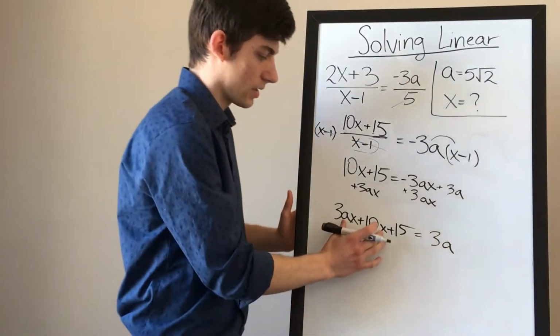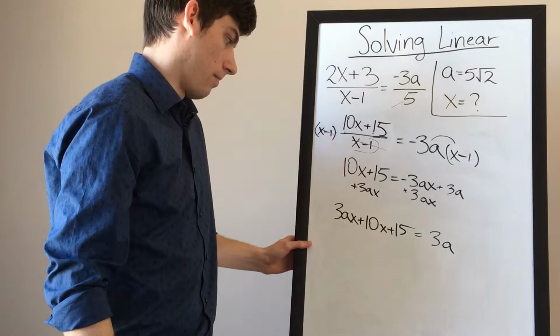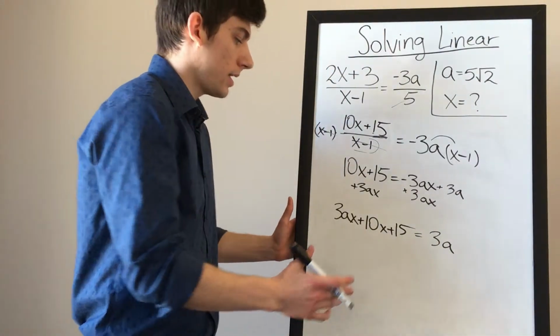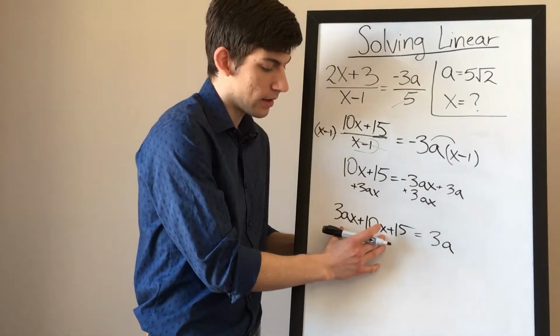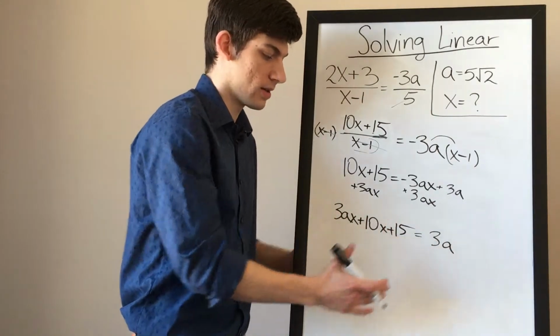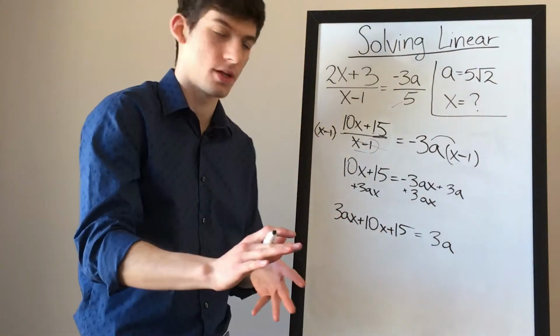All right, so now we have our x's on the same side. And what can we do next? We want to isolate our x, so let's get rid of all the non-x related stuff from this side. Again, get our x's on one side and all the other stuff on the other.